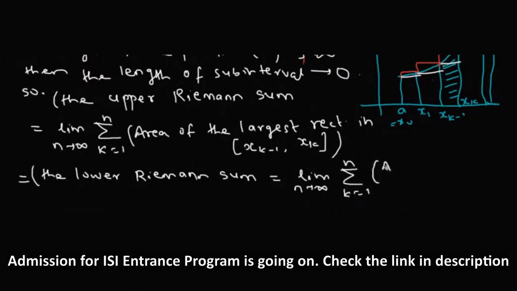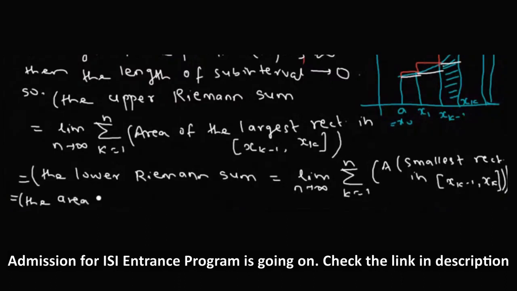of the summation k goes from 1 to n of the area of the smallest rectangle in the subinterval xk minus 1 to xk, and this is equal to the area of fx in a to b, which is equal to the integration from a to b of fx dx.